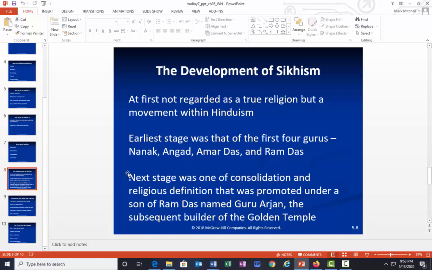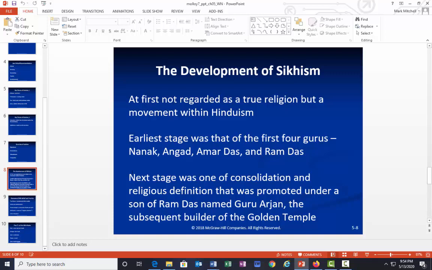All right, and that leads us up to our first slide here. I think our slide has an excellent point, that at first Sikhism is not really a true religion but a movement, and then it later defines itself and tries to establish itself as a religion, and that takes quite a bit of time.